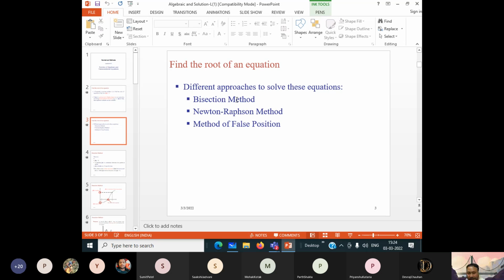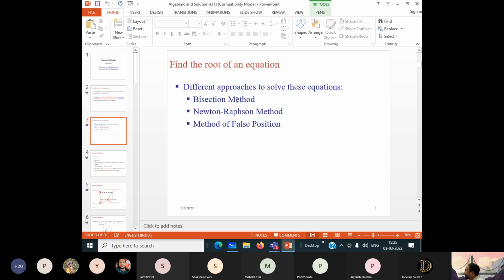Here in GATE examinations, no one is going to ask you to find the root of this equation by the bisection method. They will ask at what condition the bisection method fails. A, this condition, B, this condition, C, this condition, D, that condition. So out of 4, I have to decide. Don't expect that it will be solved by the bisection method, right?